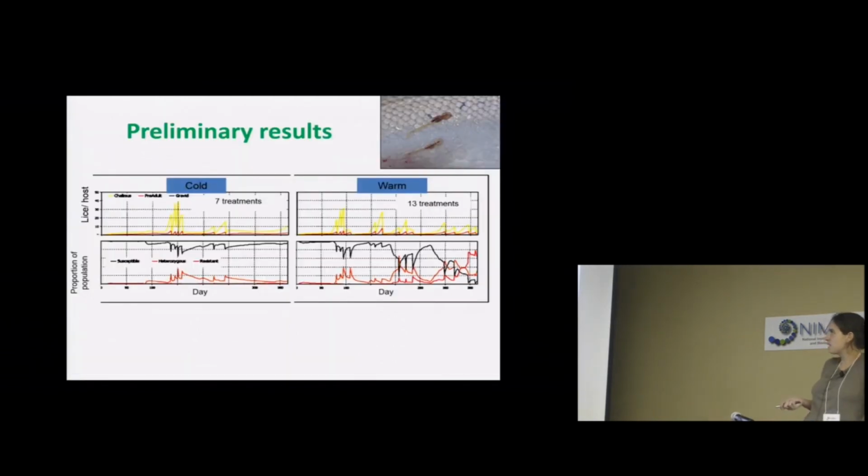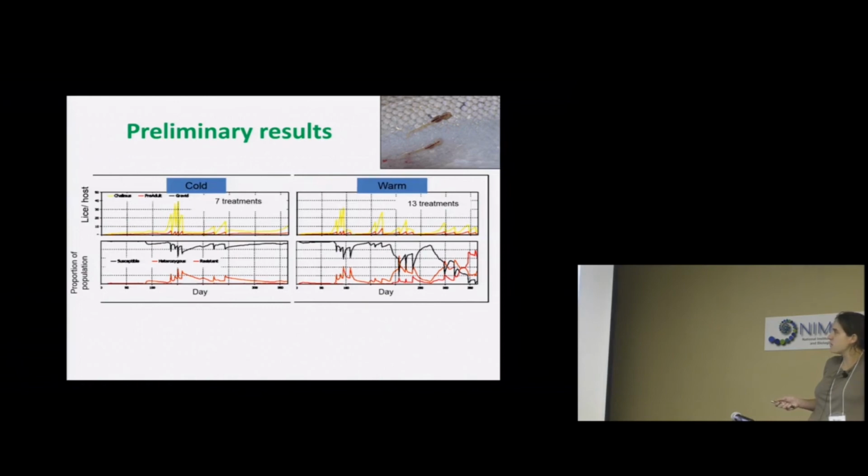So from preliminary results, these are just from single runs. Because this is a stochastic model, you really need to run it a number of times and estimate confidence intervals. But just to give you an example of results, we ran our model in a cold year and a warm year. Over time, we have the number of lice per host, and it's shown for each different stage, which isn't so important to know, but what you can see, hopefully, is these steep drops.